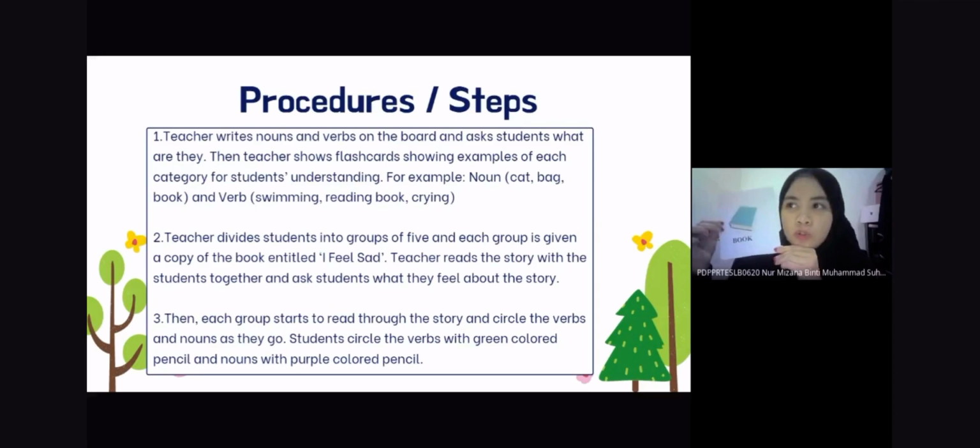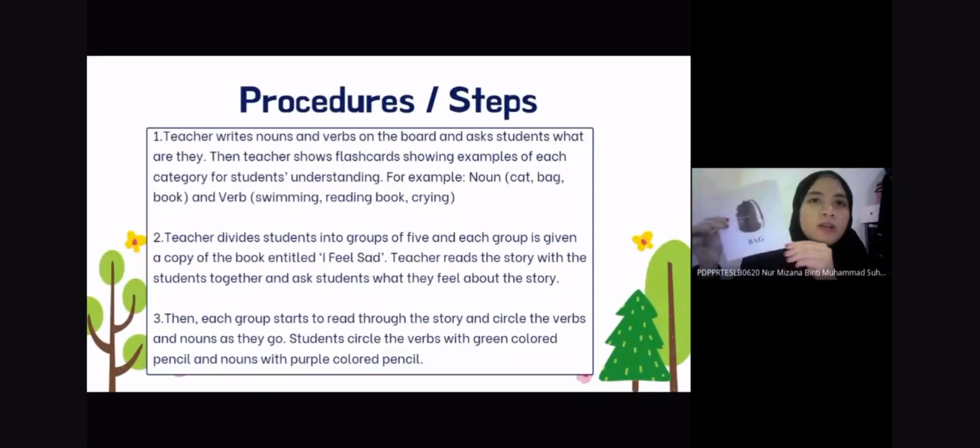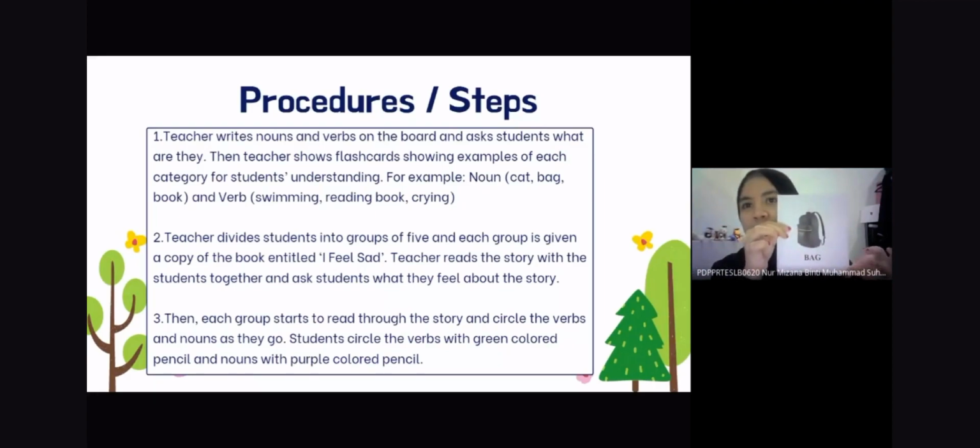Book is also a noun. Why? Yes, because book is a thing. And the last one, we have bag. Bag is a noun because, very good, a bag is also a thing. So these are the examples of nouns.